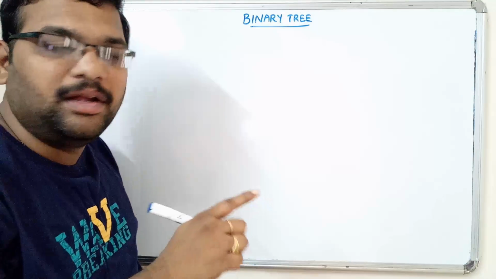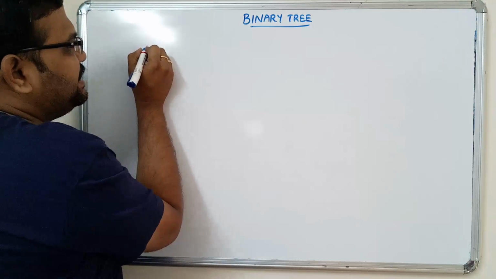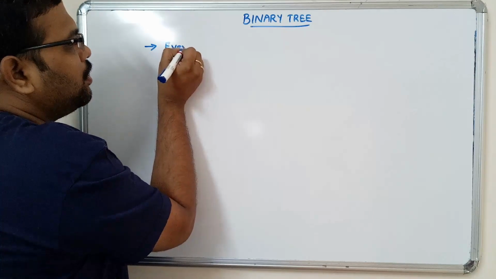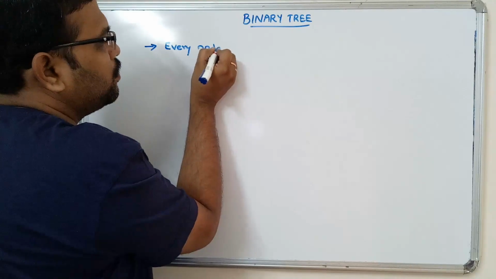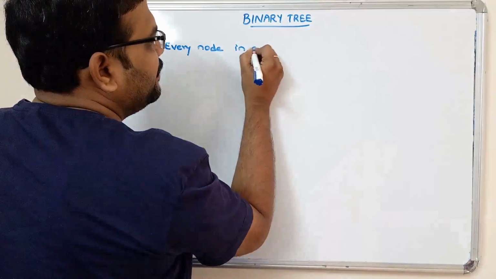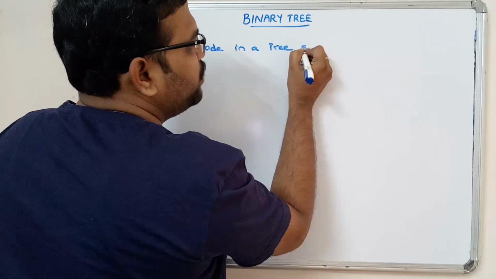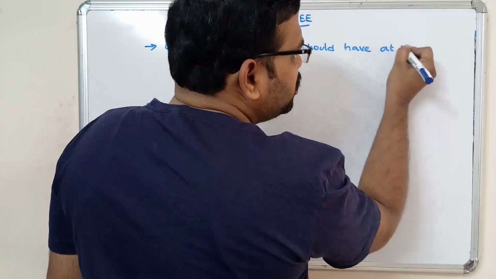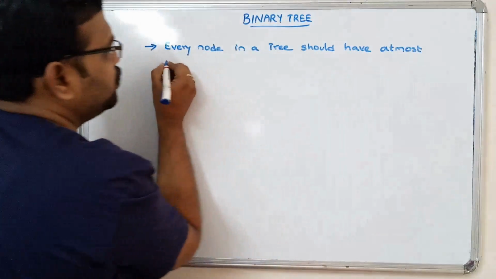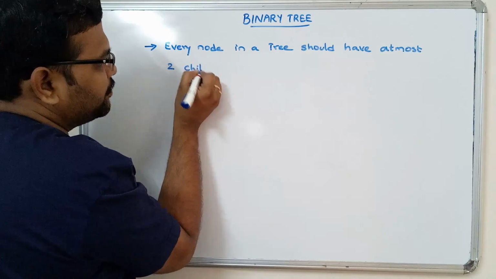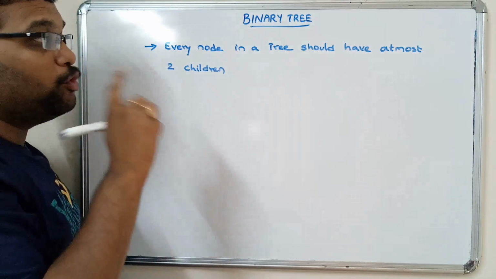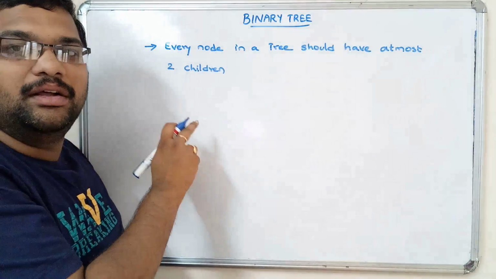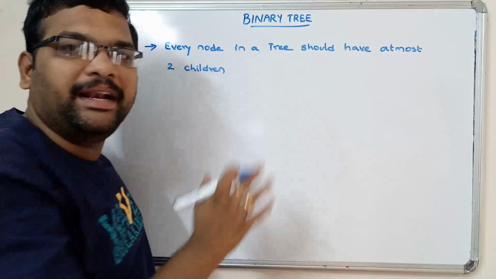So a binary tree is defined as: every node in a tree should have at most two children. So every node in a tree should have at most two children. Then that tree is called a binary tree.